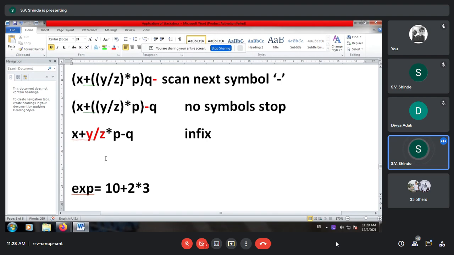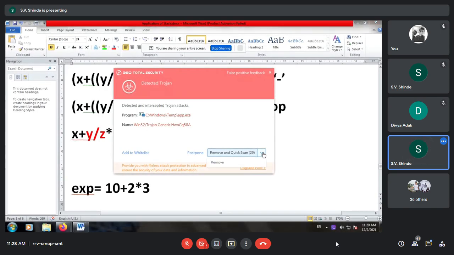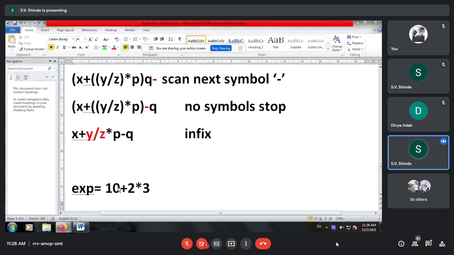So instead of working with variables x, y, and z, we'll directly take a simple example, the expression 10 plus 2 into 3, and let us check the evaluation of this infix expression.